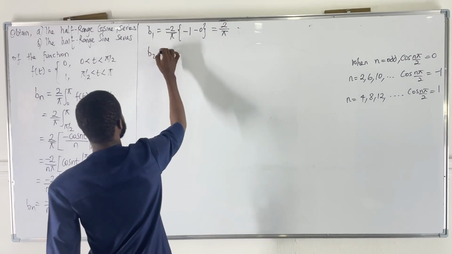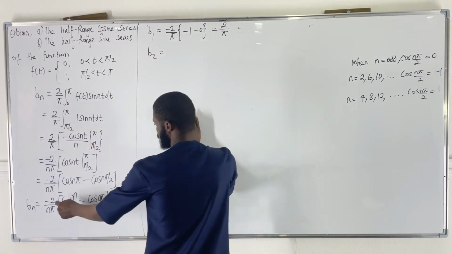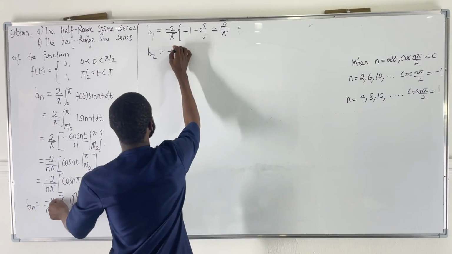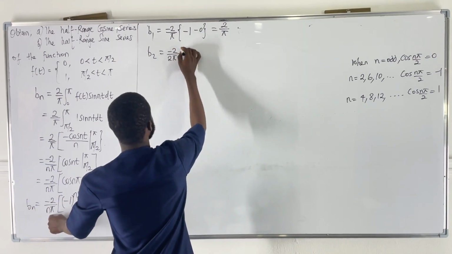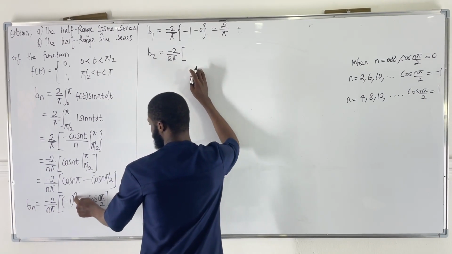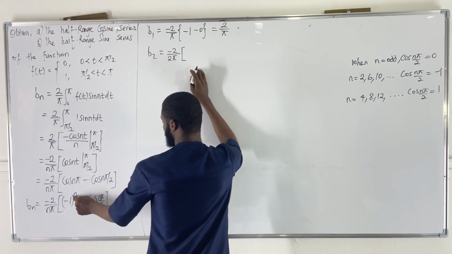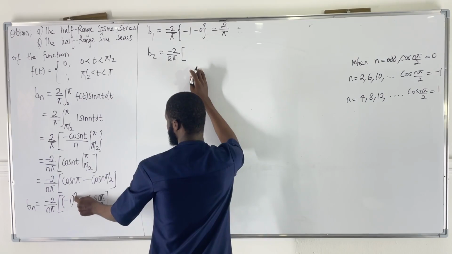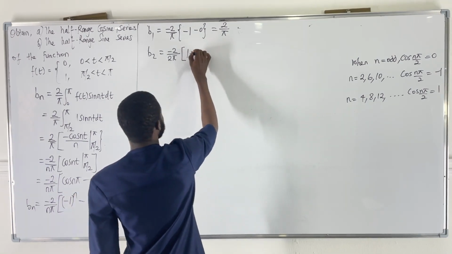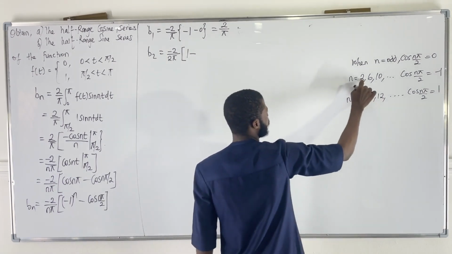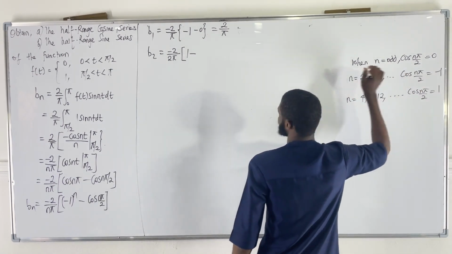Next is B2. So let's find B2. So this will be minus 2 over 2 pi into, now if you put your 2 here, minus 1 raised to the power of 2 will give us 1, because that's minus 1 squared, which is 1. Minus, when you put 2 here, this will give you minus 1.